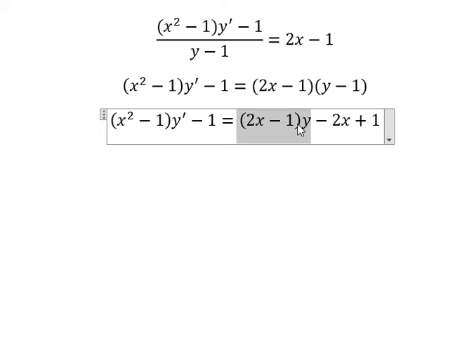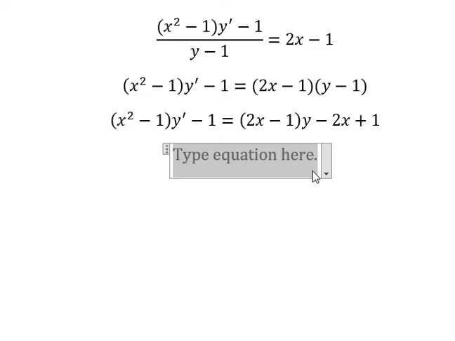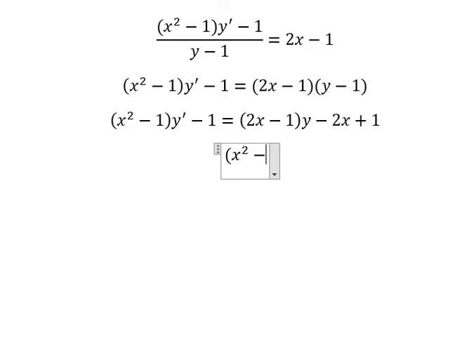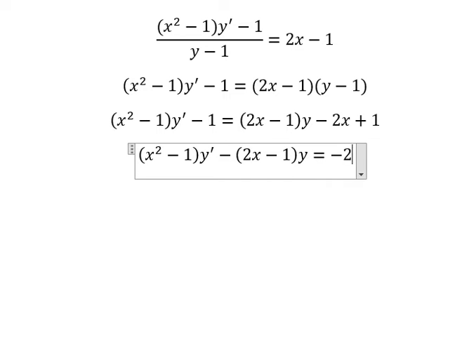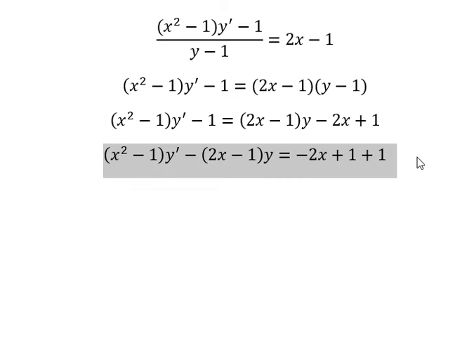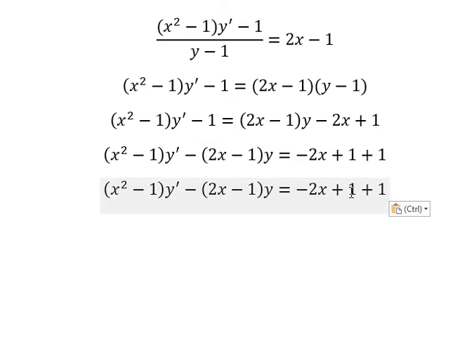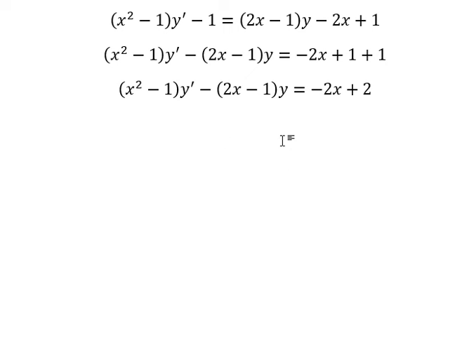Next, I will put this one to the left, negative number 1 to the right. So this one you got about number 2. Now we divide both sides by this one.